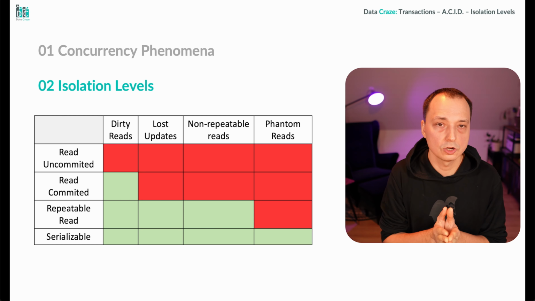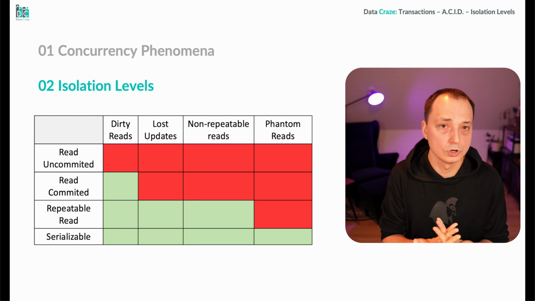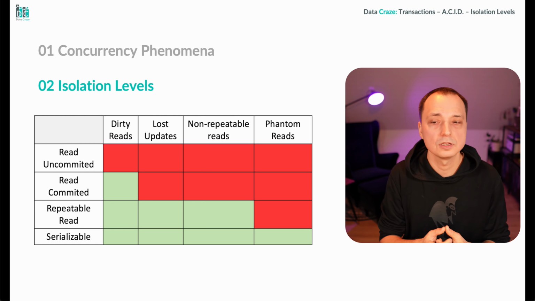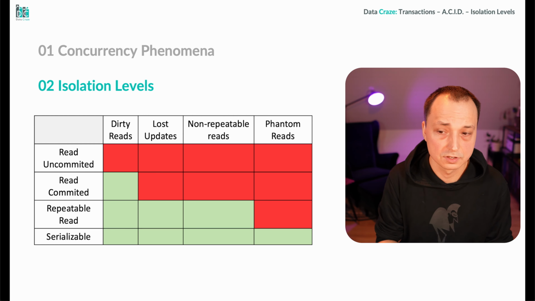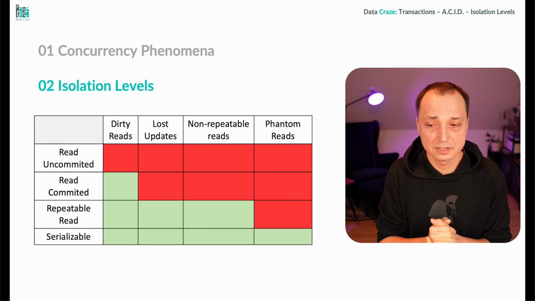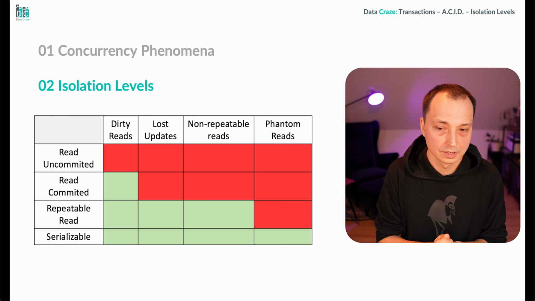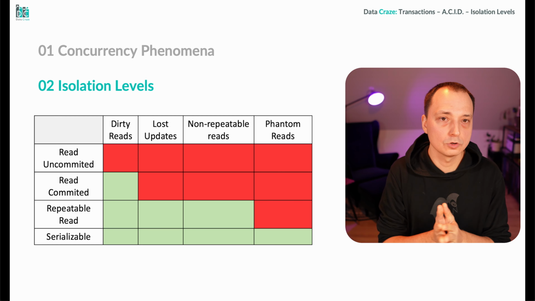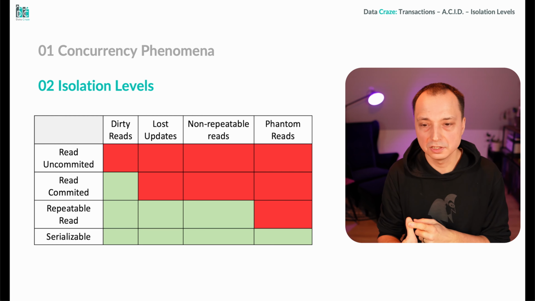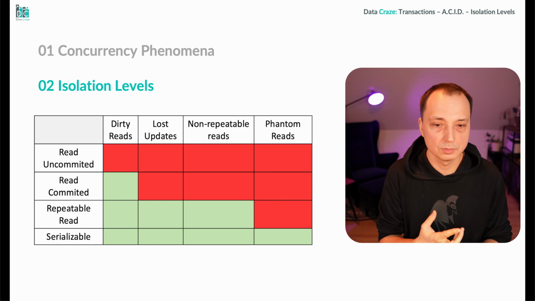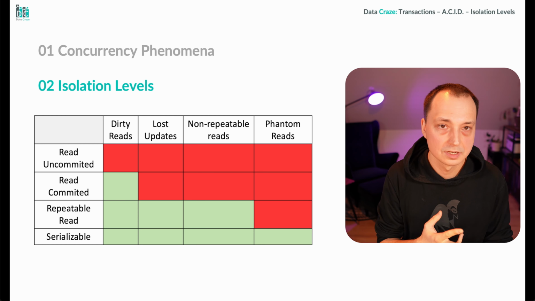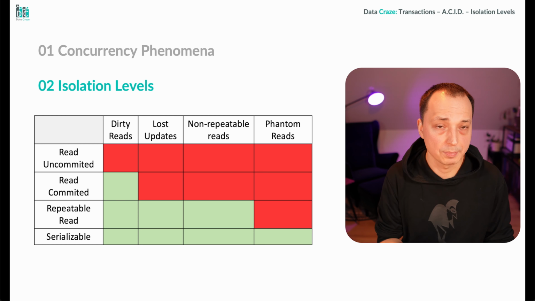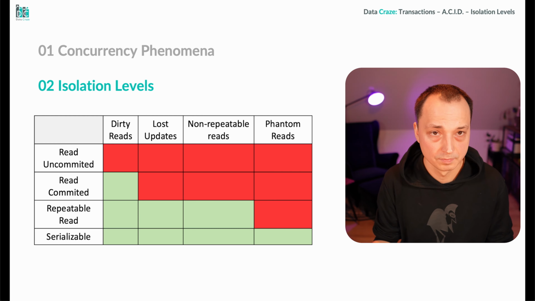In general, the concept is as follows. What is allowed to happen inside of any of those isolation levels? When the isolation level is set to read uncommitted, any of those problems that we've mentioned, dirty reads, lost updates, non-repeatable reads, phantom reads, are allowed to happen. So any of those 4 can happen.